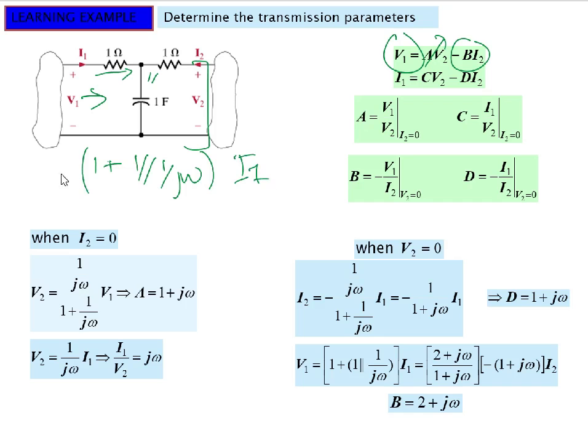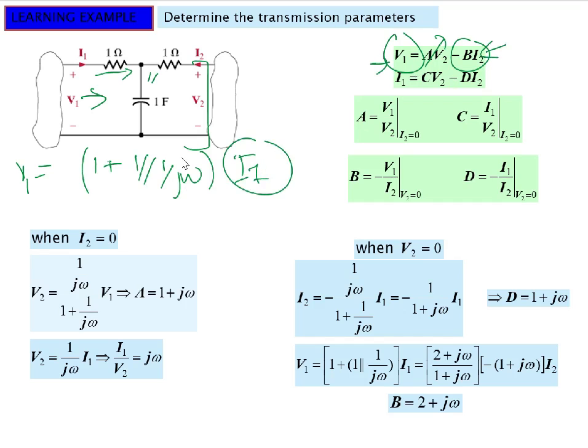That gives us V1. So we can calculate V1 like this, but here is a problem. The problem is that this thing is 1 and here we want 2, not 1.